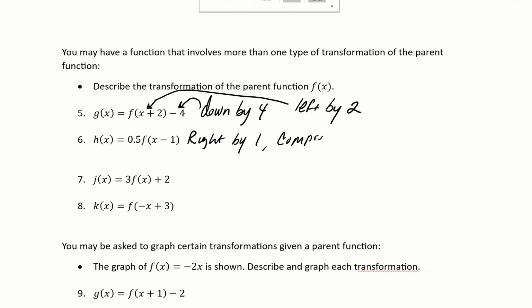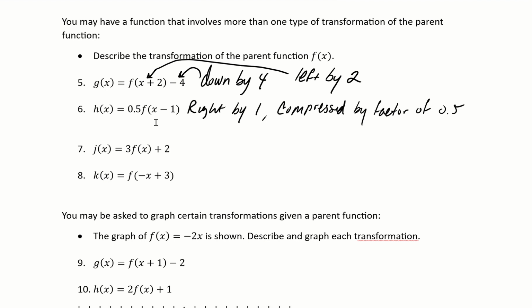I'm compressed by a factor of 0.5. Here, because I'm adding outside of the parentheses, I'm going up vertically by 2.